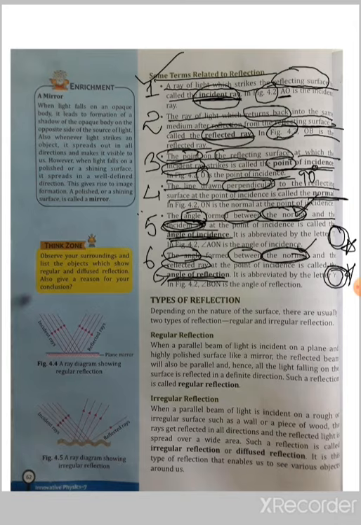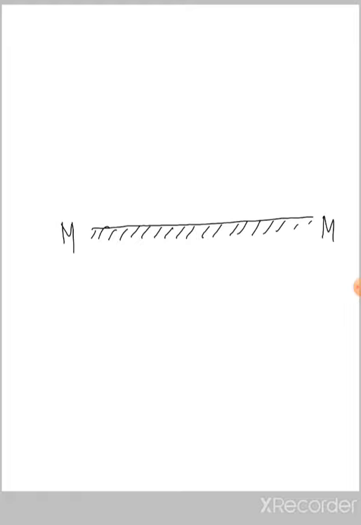Is that okay? So now I will explain this with the help of a figure. All right. So now I will draw a reflecting surface. Let this be my reflecting surface, and the name of this surface be M dash. All right. Now, the first one is the incident ray. This incident ray is pointing towards the reflecting surface, so I have to put the arrowhead like this. Your arrowhead indicates the direction of the light ray.